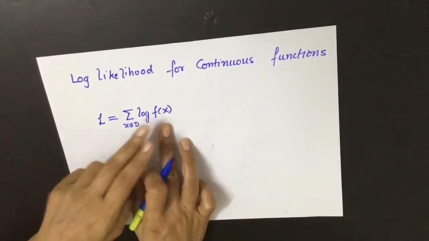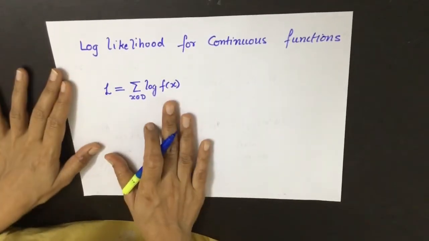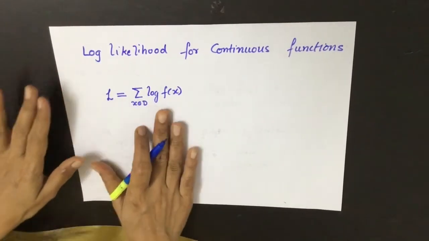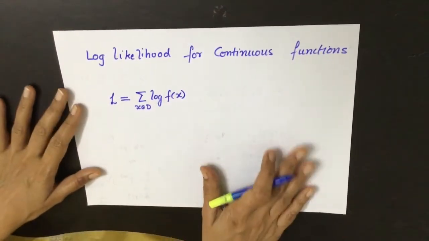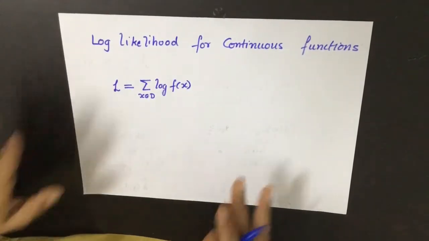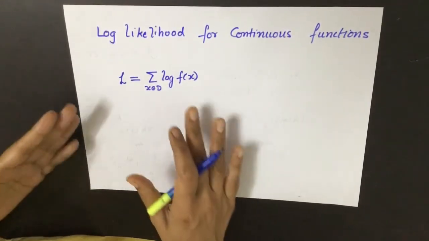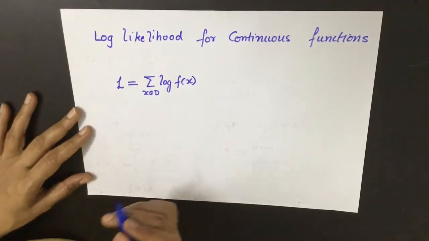So f(x) denotes our density function. As you can see, this formula is very similar to the earlier one where f was simply replaced by p. How is it so? Let us have a look at why this is acceptable.